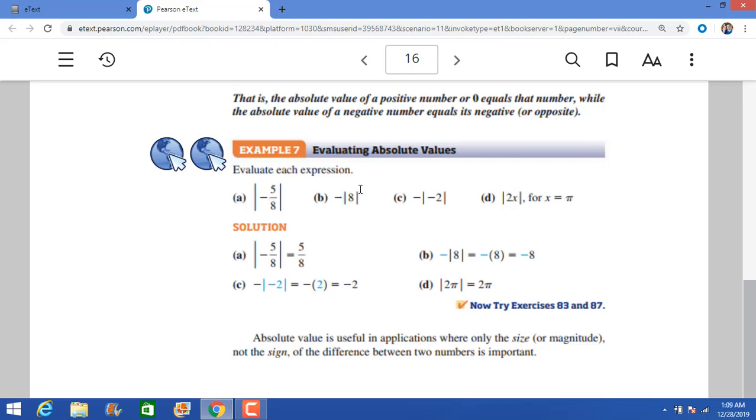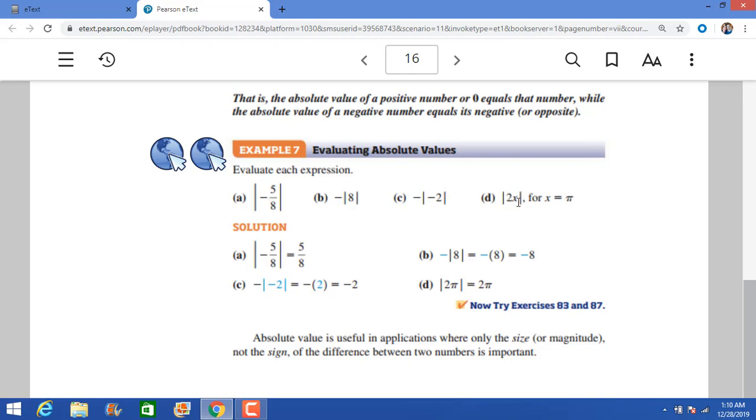The negative of the absolute value of 8, though, be careful: the absolute value of 8 is 8, but the negative value then is going to be negative 8. The negative sign is outside the absolute value. Here, this we're going to handle inside. The absolute value of negative 2 is just positive 2, but then the negative value of that is going to be negative 2. So this is going to end up being negative 2.